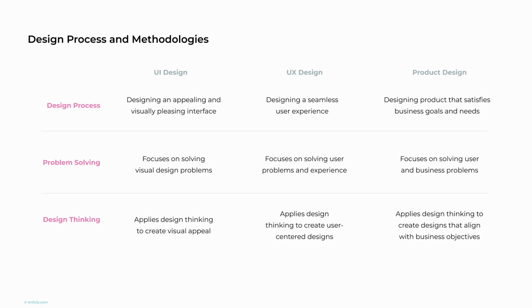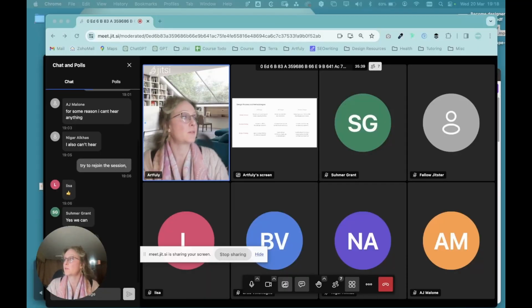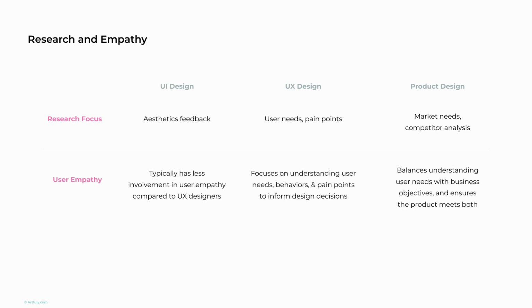And with product design, the designs need to align with business objectives. And finally, the research focus for the three is aesthetics for UI, user needs for UX, and market needs and competitors in product design. We also do think about competitor analysis in UX design. There are some overlaps here sometimes.